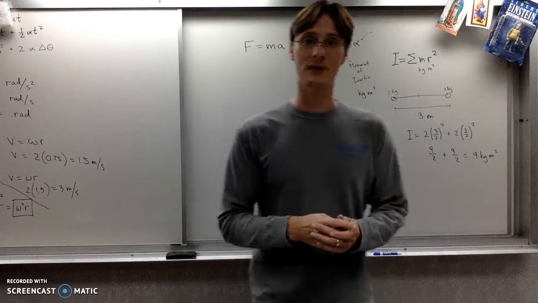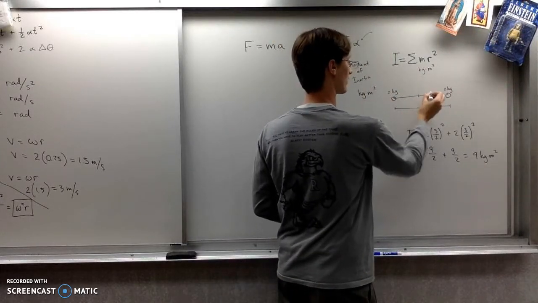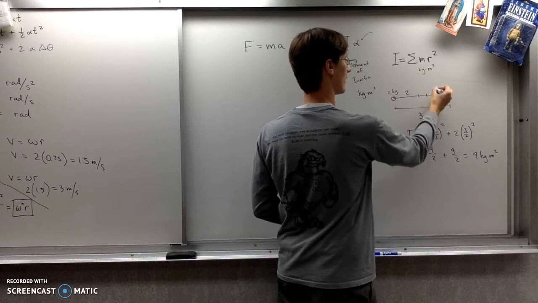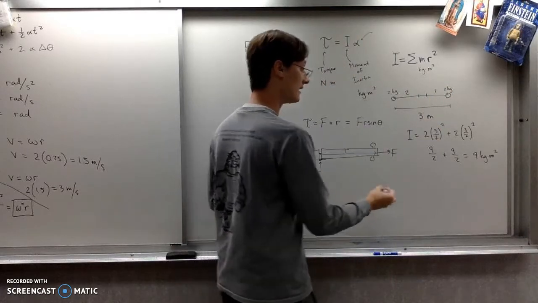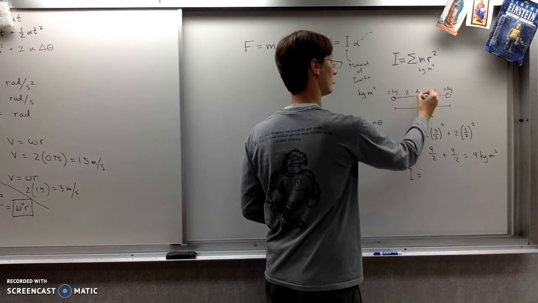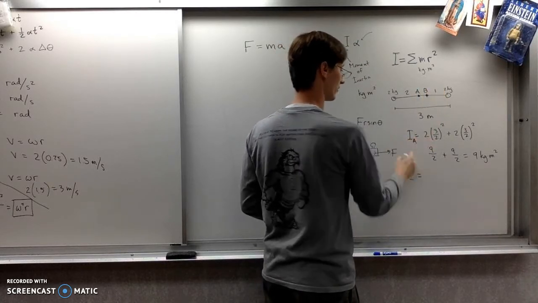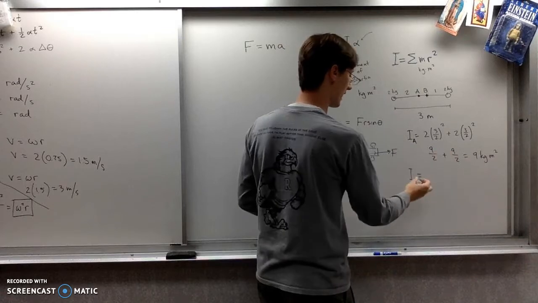Okay, if I put the pivot somewhere else, like let's say not right in the middle, but say here, so it's 2 meters from this one and 1 meter from that one. Now my calculation would look like this. So let's call this point A and this point B. So the moment of inertia through A is 9.